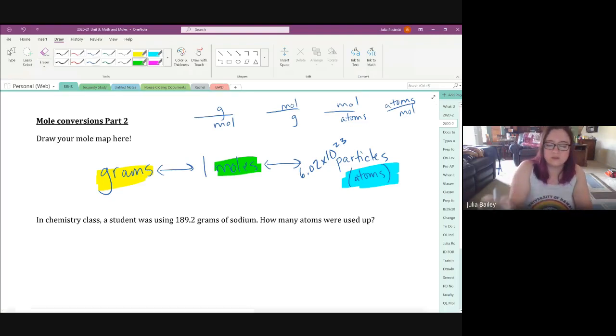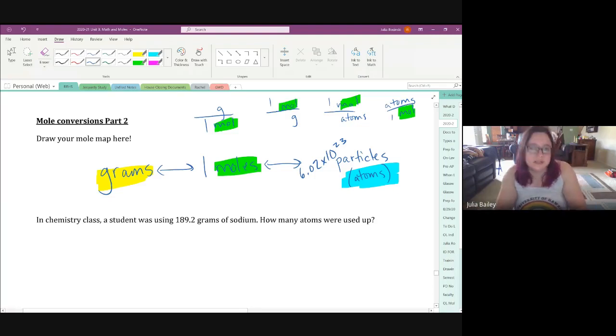So looking at the possible conversion factors we can have, there are 4 different conversion factors, and in all of them, wherever the word moles is, you need a 1 next to it. Similarly, there are 2 conversion factors that you could use with atoms, and for both of those, atoms are blue. When it's blue, use 6.02.